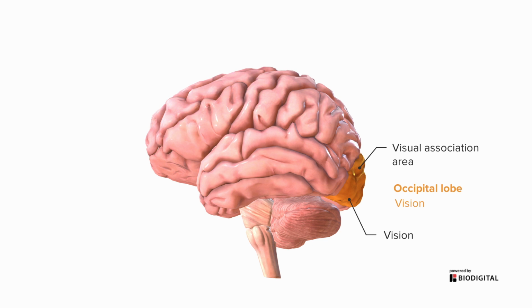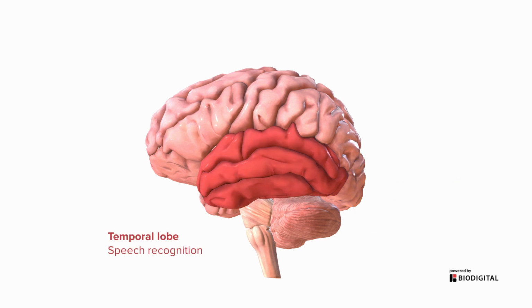And we receive visual inputs directly into the occipital lobe, as well as areas for processing that visual input. The temporal lobe has a very important role in speech recognition, and therefore also has a lot to do with hearing and the processing of hearing, or the auditory association area, as well as smell.